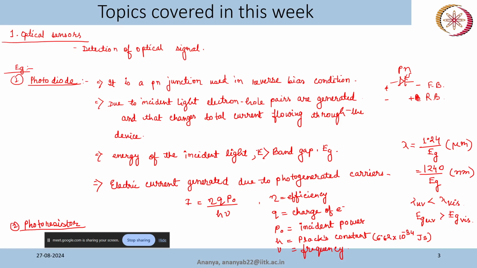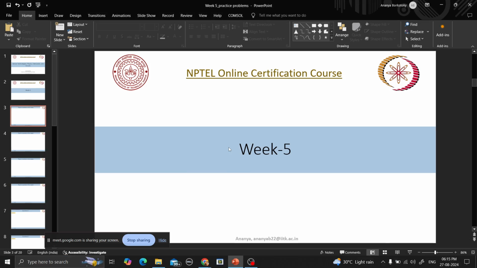Only the output signal is different. In a photodiode it is the electric current, the reverse bias current, and in a photoresistor we either measure resistivity or conductivity, both are the same. Okay. I hope it is clear.